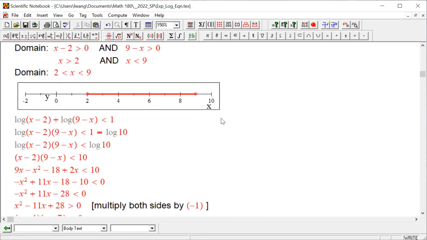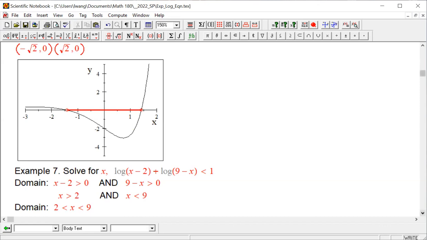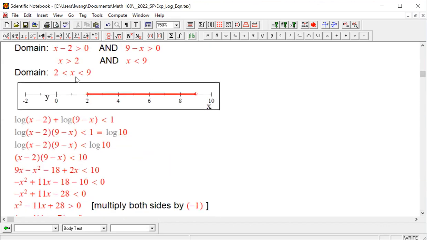Okay, so let's go back to summarize number 7, right? So first we determine the domain, which is 2 to 9 exclusive. And then we go about to solve the inequality, right? We use a product. And here we use increasing function.